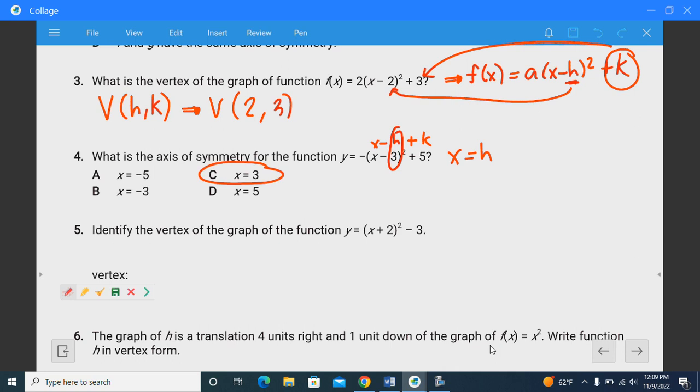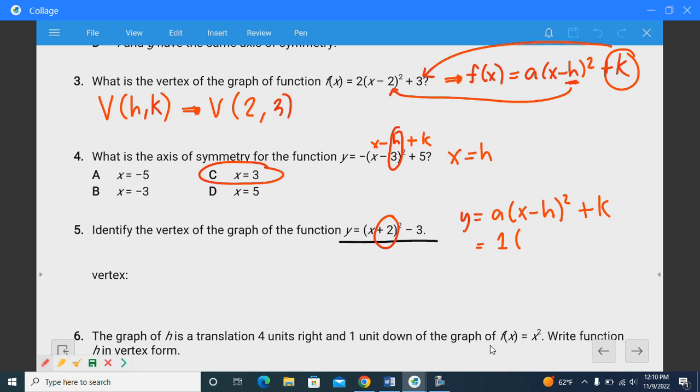Next, number 5, identify the vertex of the graph of the function f of x equals the quantity of x plus 2 squared plus 3. Your vertex form is y is equal to a times the quantity of x minus h squared plus k. So our a is 1.